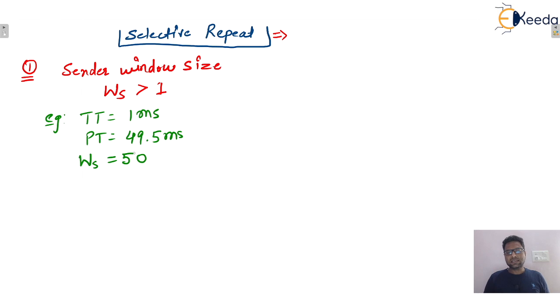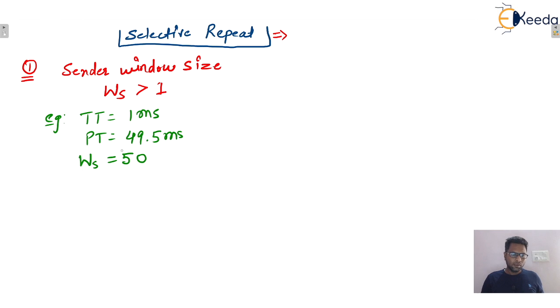They will give you the packet size, bandwidth, distance, and velocity, so you can use the formulas of TT and PT I discussed in the previous lectures to find them easily.